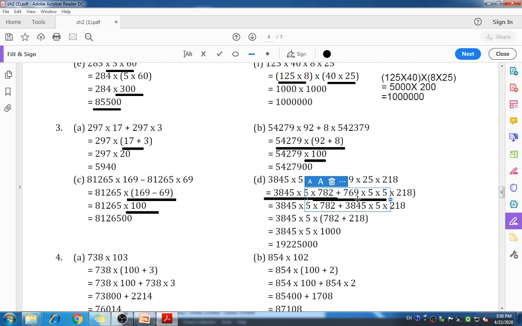Now look here. I write the factorization of 769 as above, but instead of 25 I wrote 5 into 5, that is 25 exactly, and into 218 as in the question.